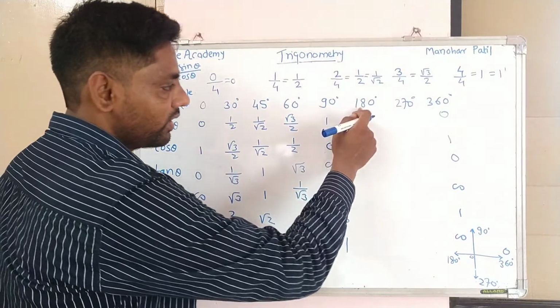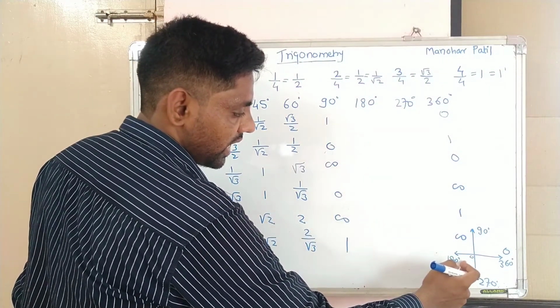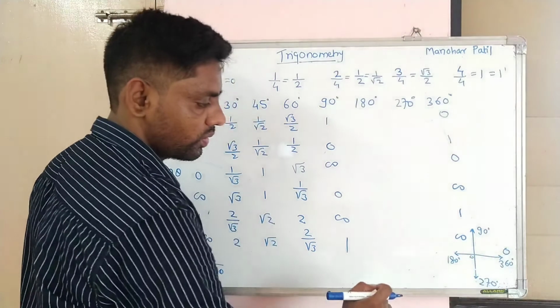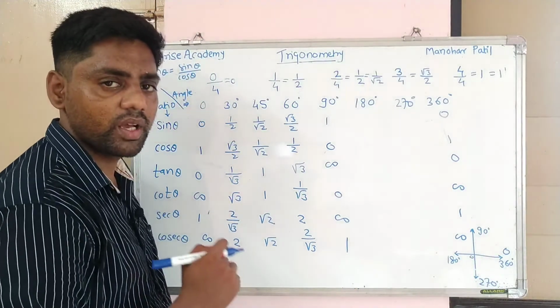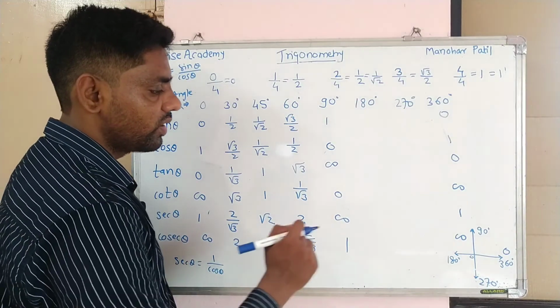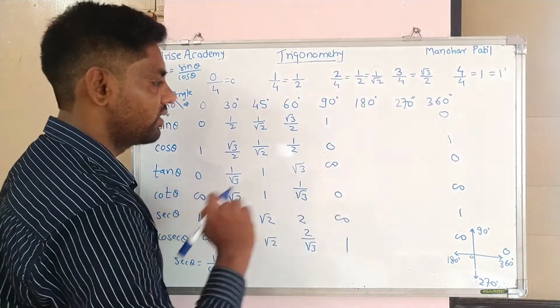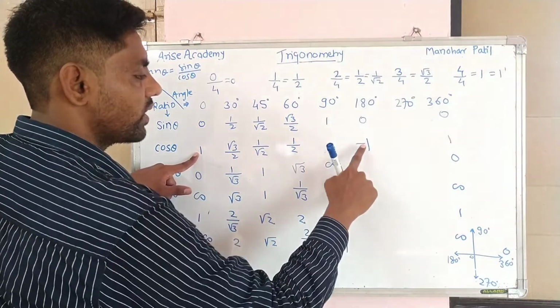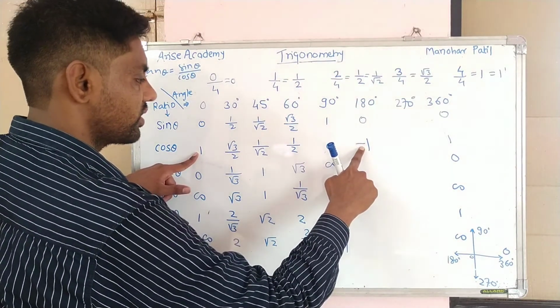For 180 degrees, we can see from the diagram that 180 degrees is exactly opposite to 0 but lies on the same line. Therefore we only change the sign, keeping the same values with the sign convention changed.